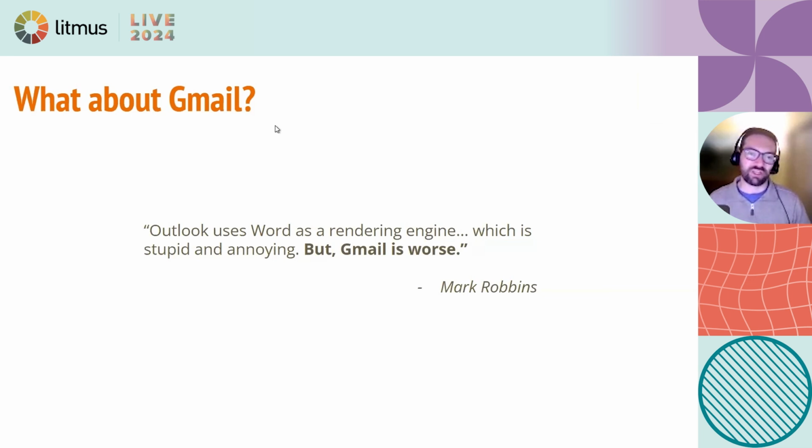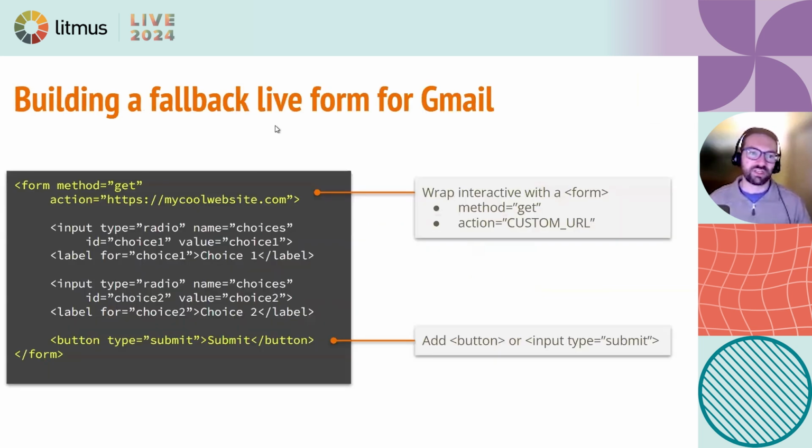This interactive email stuff does not work there, so we have to come up with alternatives. One alternative you can think of if you don't want to just show a fallback in Gmail is an interactive, actually submittable live form. It's pretty easy to turn what we just did into a live form.